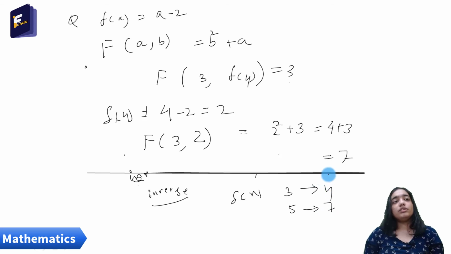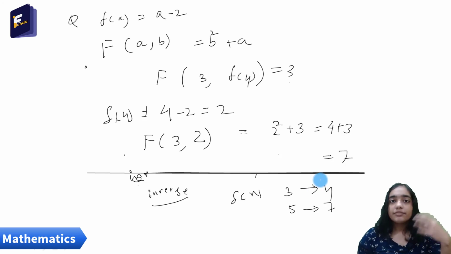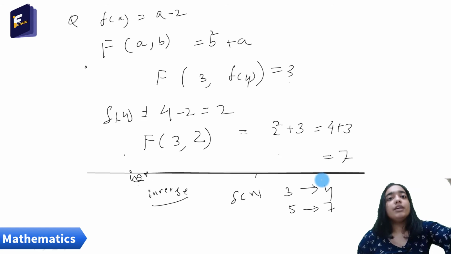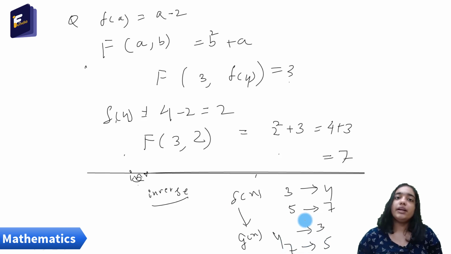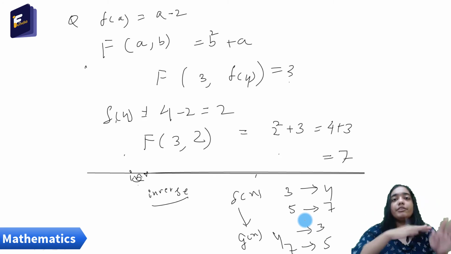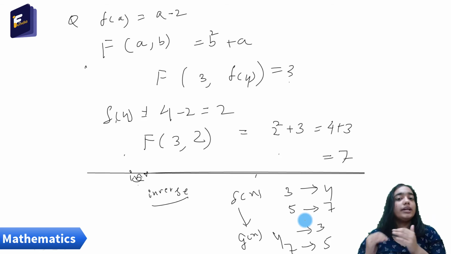The inverse of this function is another function in which if I put the output of this function, it will give the input. It will just reverse. If I put 4 into g of x, the inverse of this function, it will give 3. If I put 7, it will give 5. Similarly for all inputs, the input and output are reversed in this function g of x. That is called the inverse of f of x.